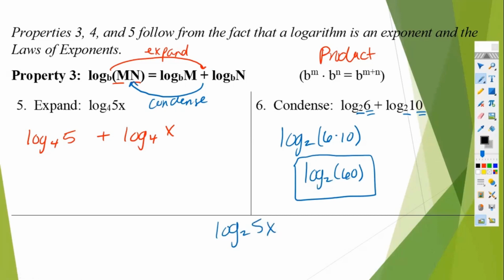How does that expand? Log base 2 of 5 plus log base 2 of x. There we go. They separate. You take the one factor, which is your coefficient, and you take the other factor, which is your variable, right? And we separate, okay? This is going to be important for when we get to our transformations, okay?